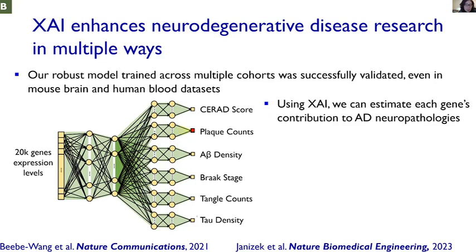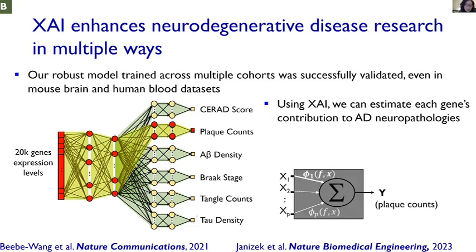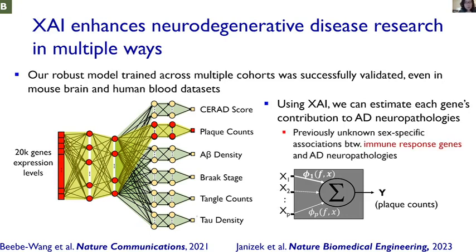For example, for one of the phenotypes, you can attribute the plaque count back to individual genes, and that way you can identify the genes that are important for each of the neuropathological phenotypes, and get a sense of the genes that are universally important across many neuropathological phenotypes.